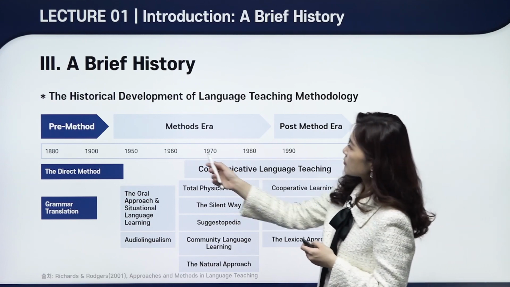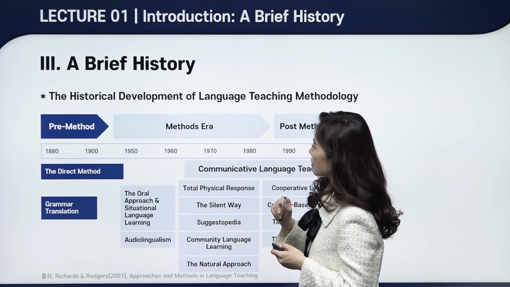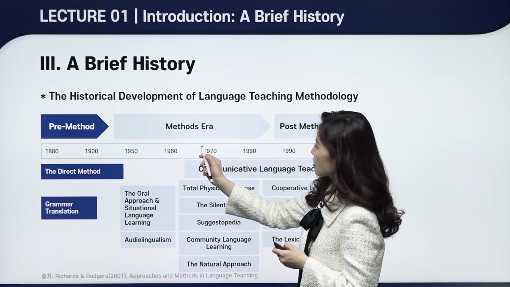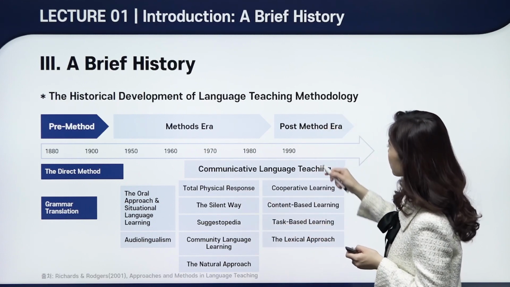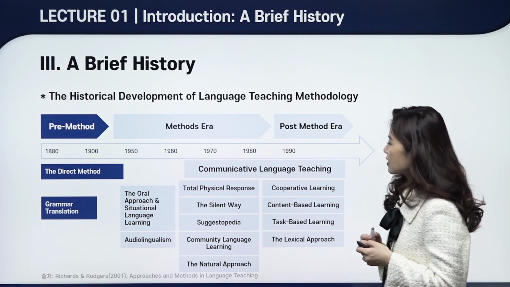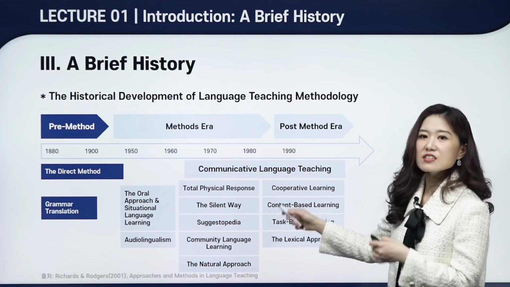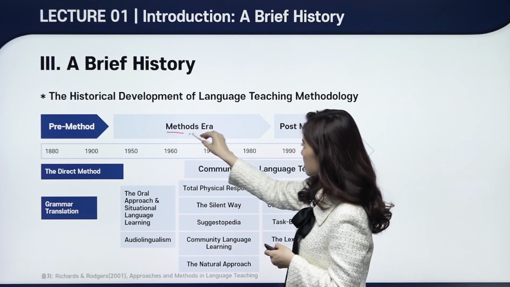And so that was from about 1880 to 1950. And in the 1950s, so from the middle of the 20th century up until, let's say, mid-1980s, we see development of various different methods. Thus, we have the methods era.